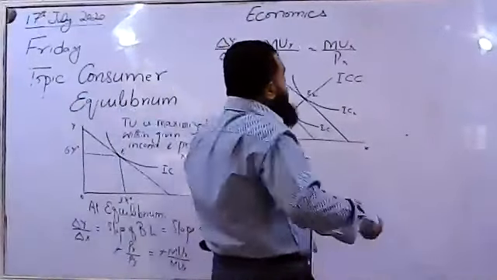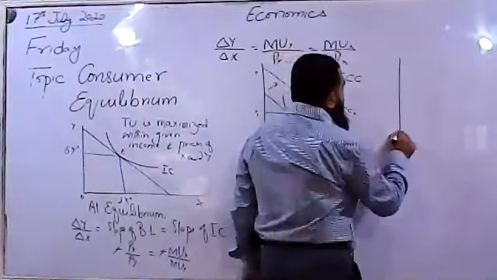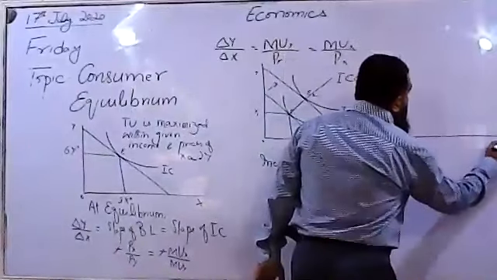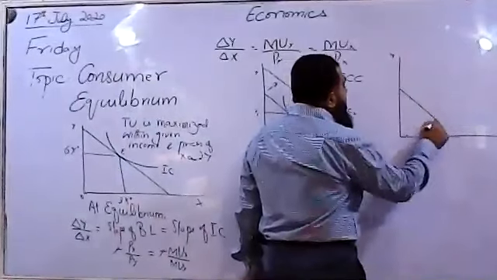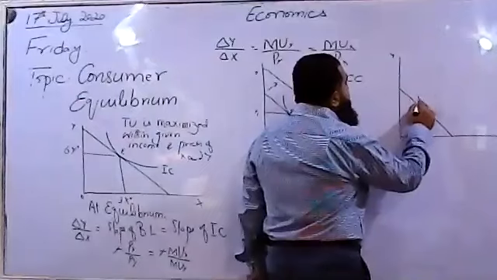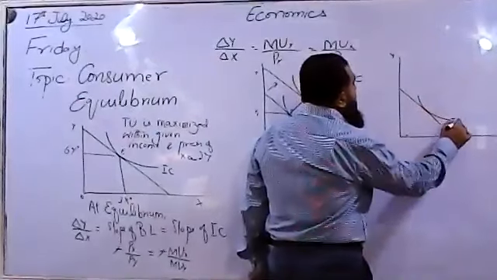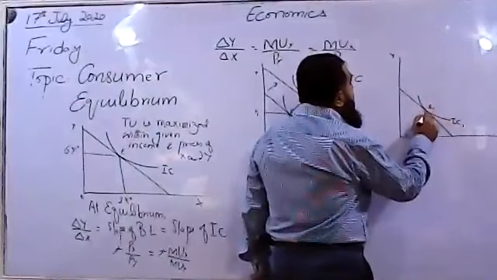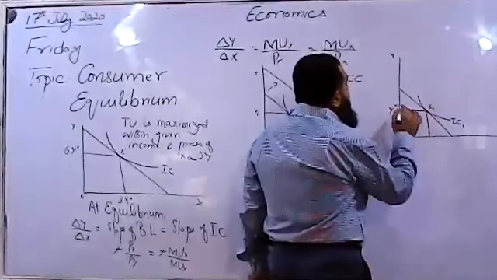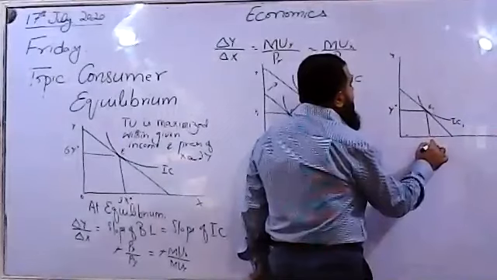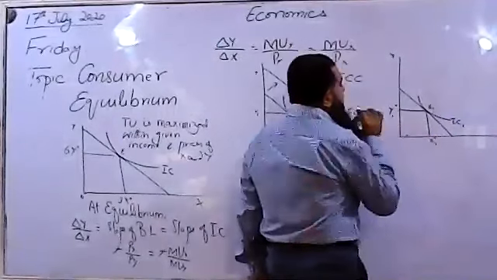Now, look here at X and Y. Previously the consumer is in equilibrium at E1, consuming X1 and Y1.